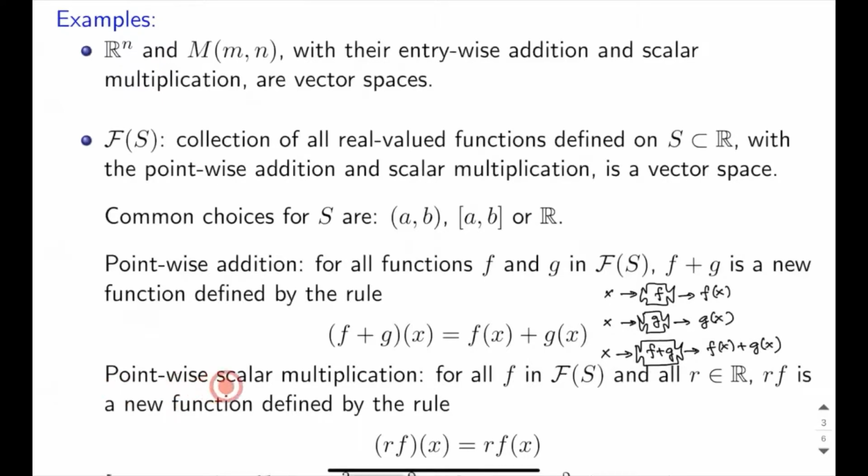Similarly, pointwise scalar multiplication. If you have a function f that takes in an input x and spits out an output f of x, then r f is a new function, so that when you enter an input x, the new function is going to spit out a value that is computed by r times f of x, which is this one.